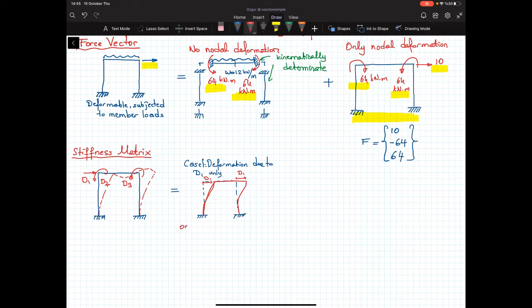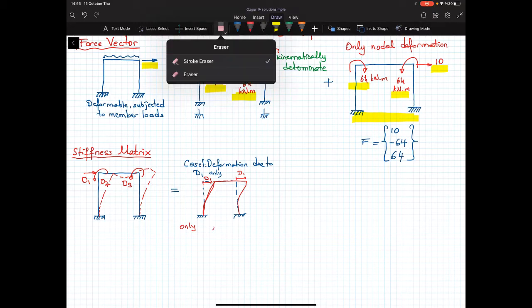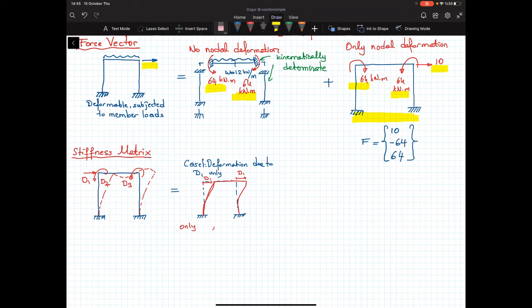So let's put a note. This is only D1. D2 and D3, they are equal to 0. Of course, this is not the total deformed shape of the structure, plus case 2, where we have D2 only. So let's again sketch the deformed shape.